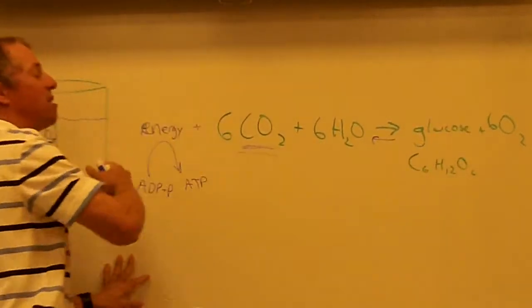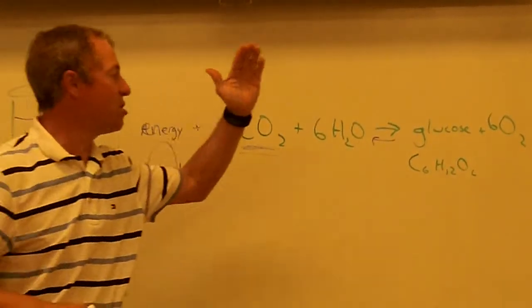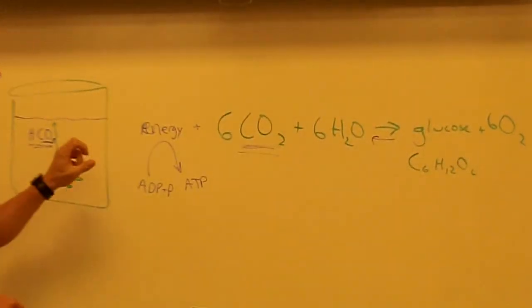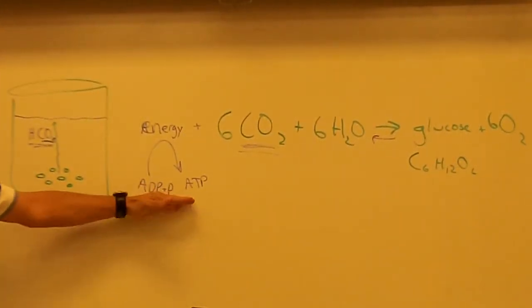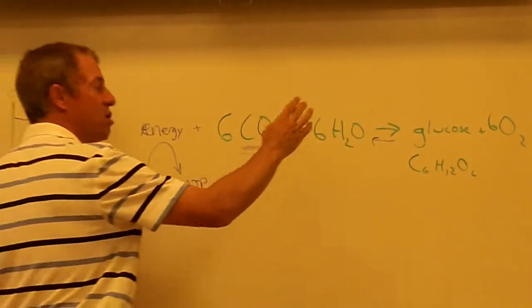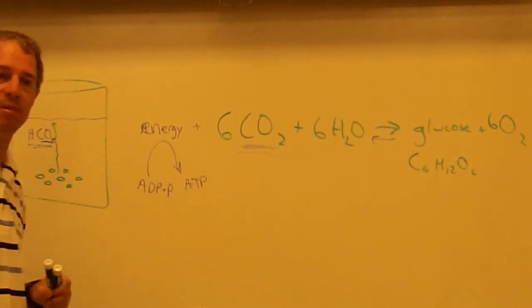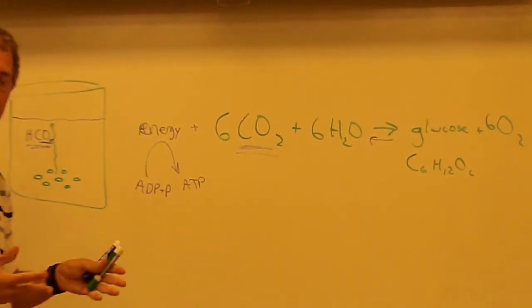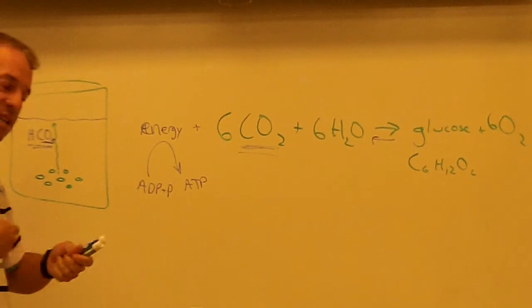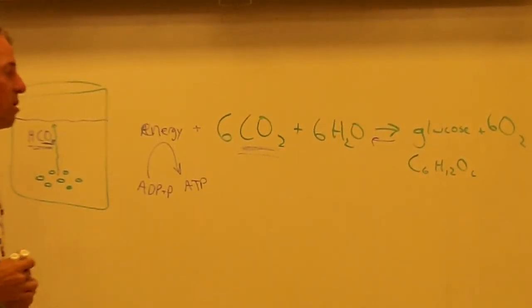But the rest of the process is done in the mitochondrion and uses oxygen to break down that glucose fully. And that's where most of your ATP gets produced. One glucose molecule will make about 36 ATP, something like that, as it's being broken down. And those ATPs can be used in your cells to do all sorts of things.